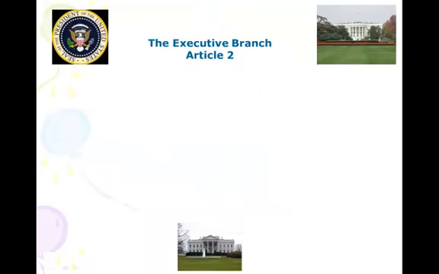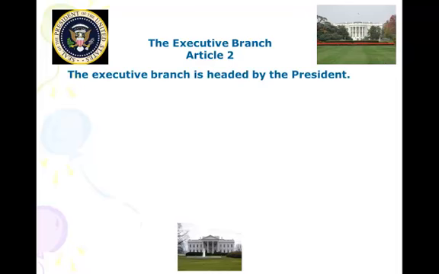Article 2 of the Constitution discusses the executive branch, also known as the President. The enumerated powers of the President are listed throughout Article 2.